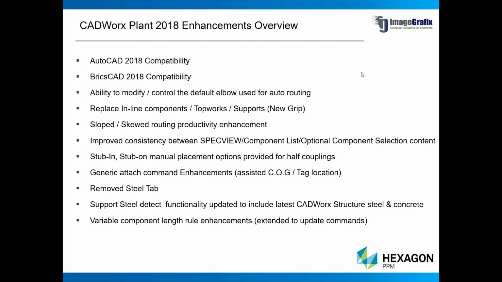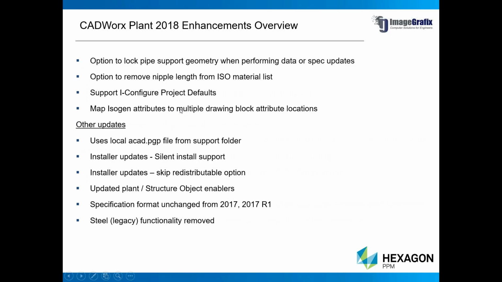And here we have the option to lock pipe support geometry when performing data or spec updates. There is an option to remove nipple length from your ISO material list, which is enabled under your CADWorx setup.